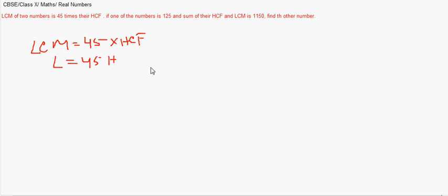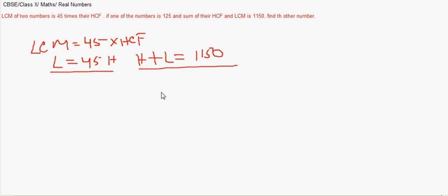One of the numbers is 125, which I'll use later. It also says the sum of HCF plus LCM is 1150. So let us use these two first to find L or H.